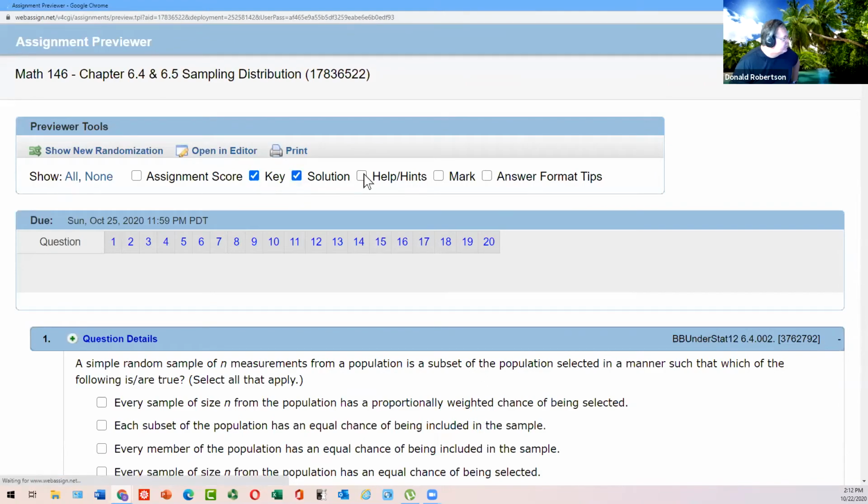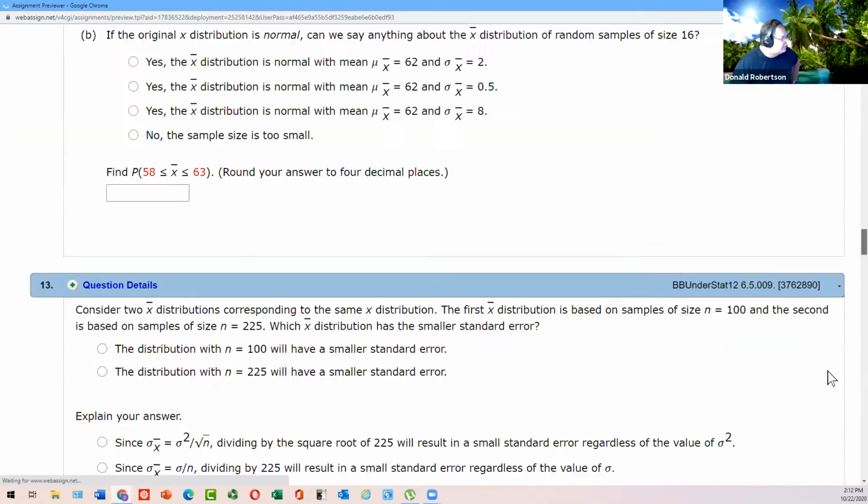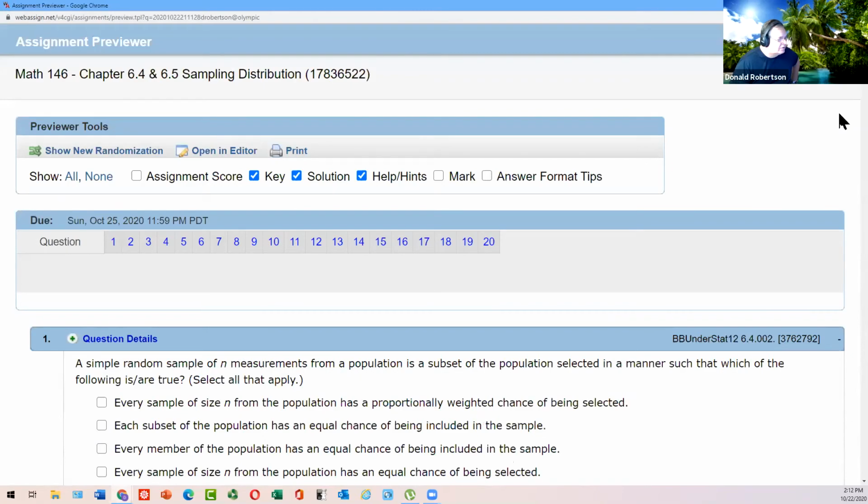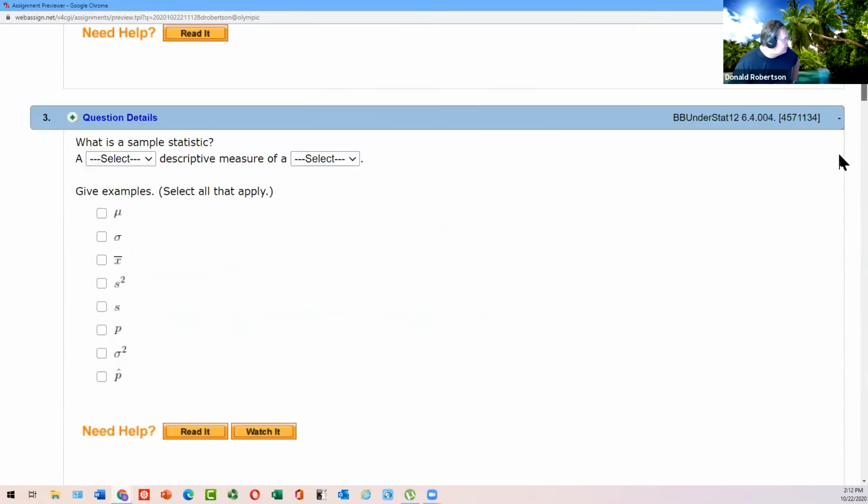Just take me a few more seconds to get this all set up. With a bit of luck, we'll be good to go shortly.